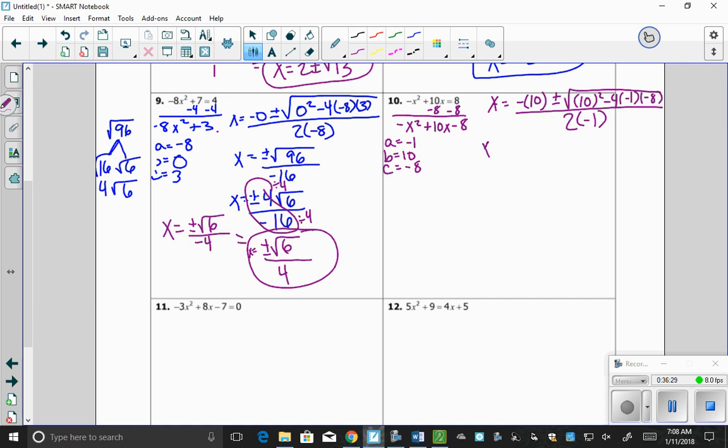You're going to get x equals negative 10 plus or minus the square root of 100, because 10 squared is 100. Negative 4 times negative 1 times negative 8 should give you negative 32, all over negative 2.